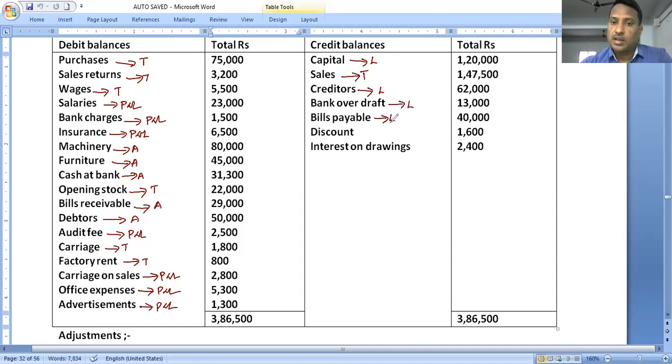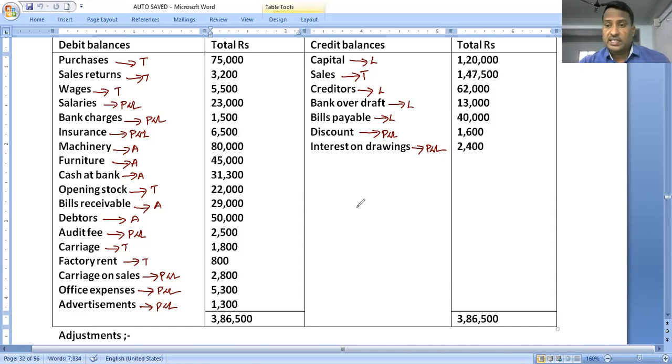Bills payable, liability. Discount is part of the profit and loss account. Interest on drawings is also a profit from the business point of view, so it is recorded on the credit side of the profit and loss account. So we identified the trading account, profit and loss account, and balance sheet contents.